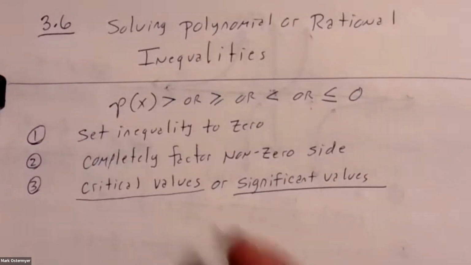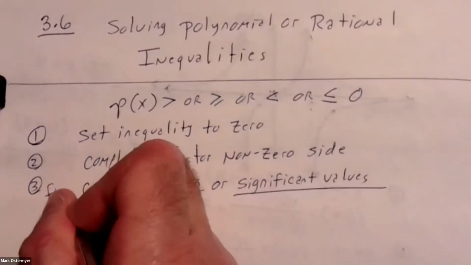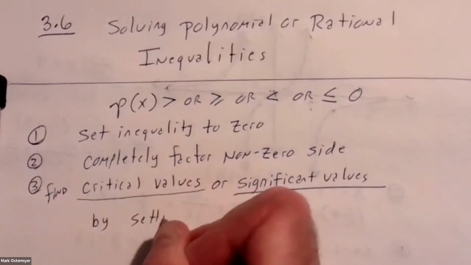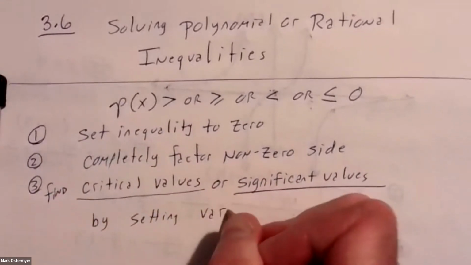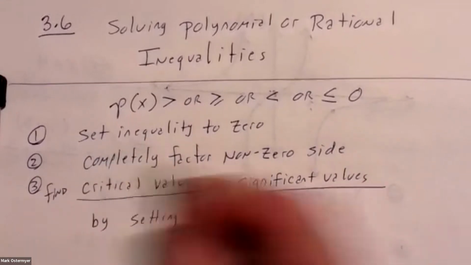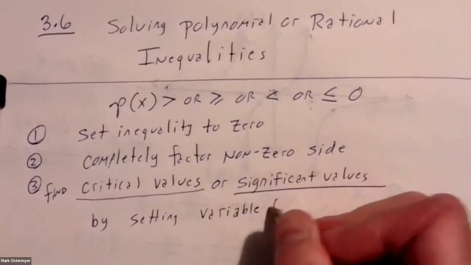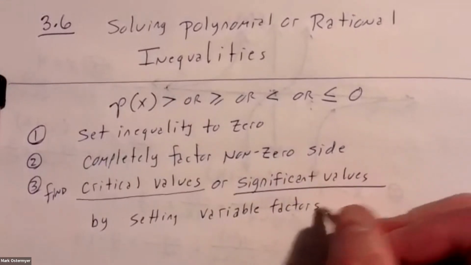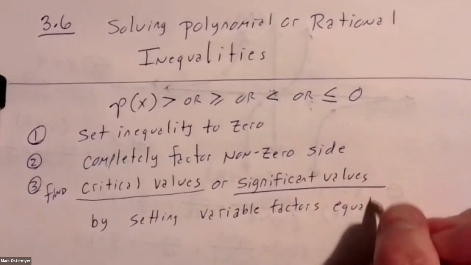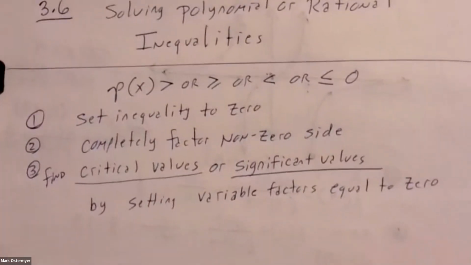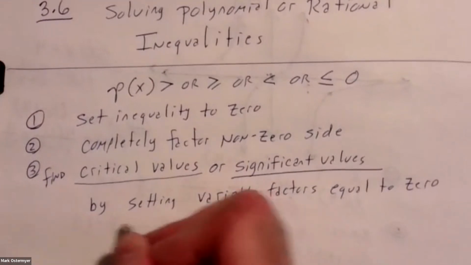So you want to find these, and how do you find them? You find them by setting the variable factors that you have in step 2, after completely factoring the non-zero side, equal to 0. And then you want to solve the resultant equations to find these critical or significant values.